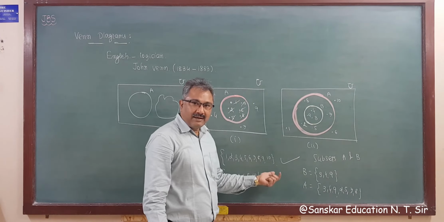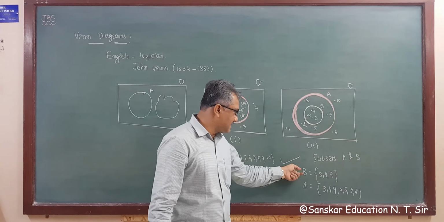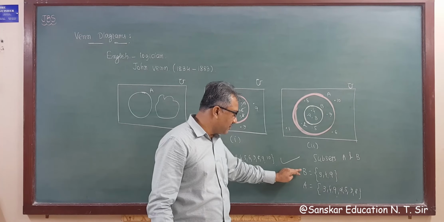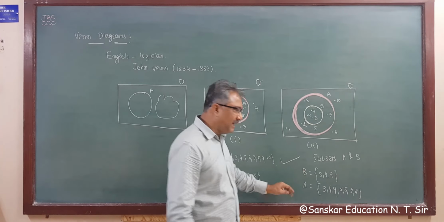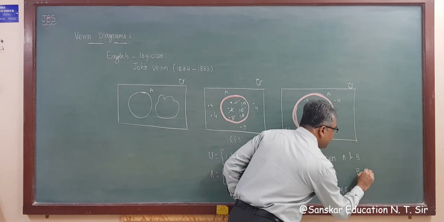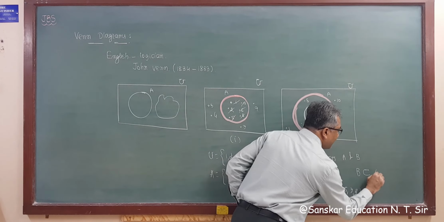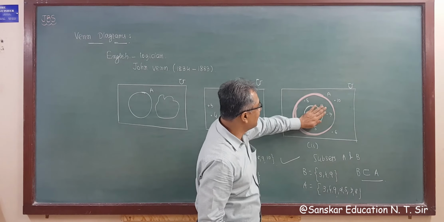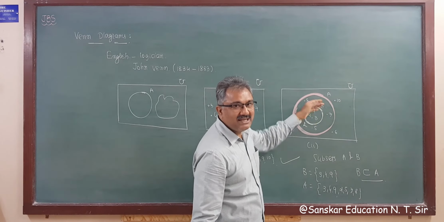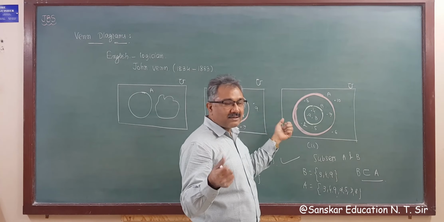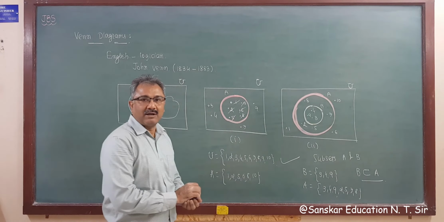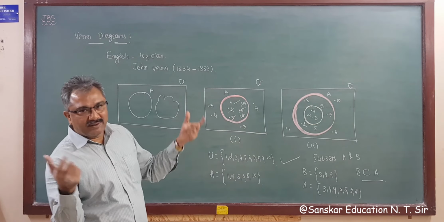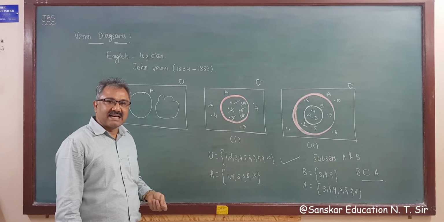So clearly from this figure, all elements of B are in A. All elements of set B are in A. So B is a subset of A, and clearly B is inside the set A. So this type of figure, called a Venn diagram, is very useful to represent the relationship between sets.